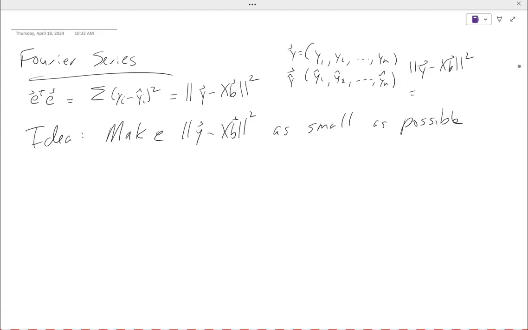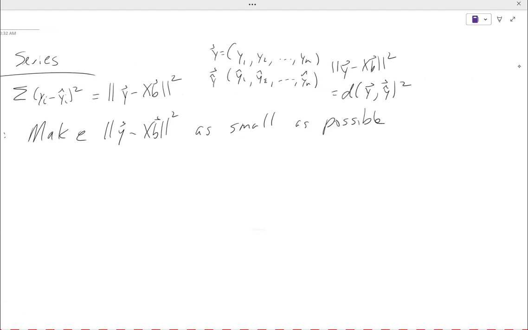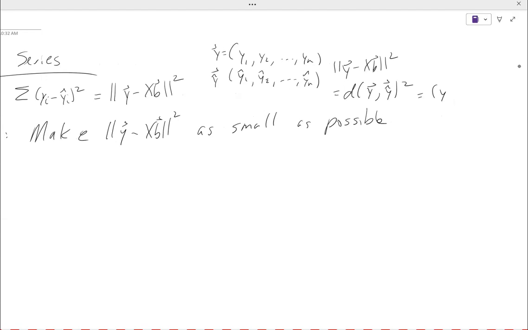This is your distance between y and y hat computation squared, right? From a dot product perspective, you would do the dot product of this with itself. That's what we get, right? So what we're trying to do here is really minimize a dot product idea.